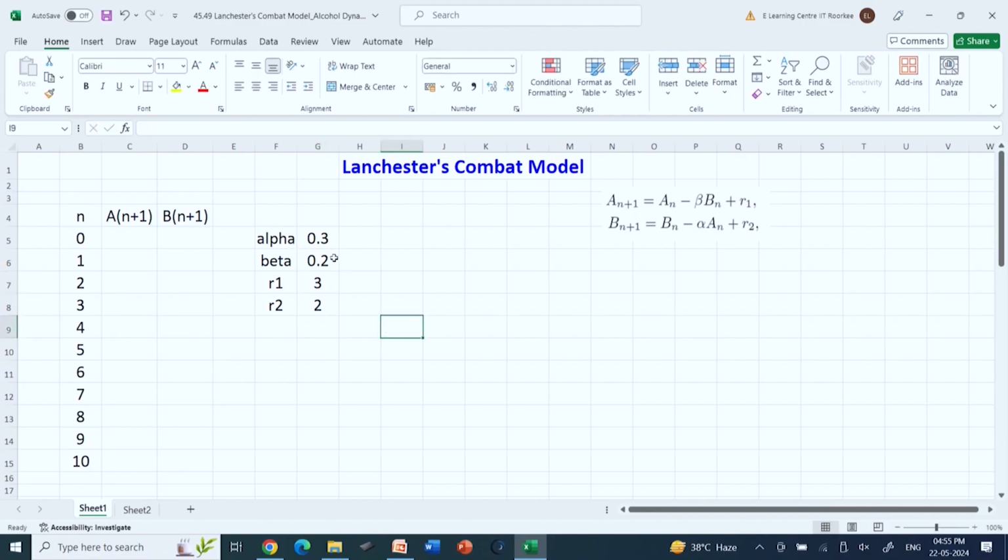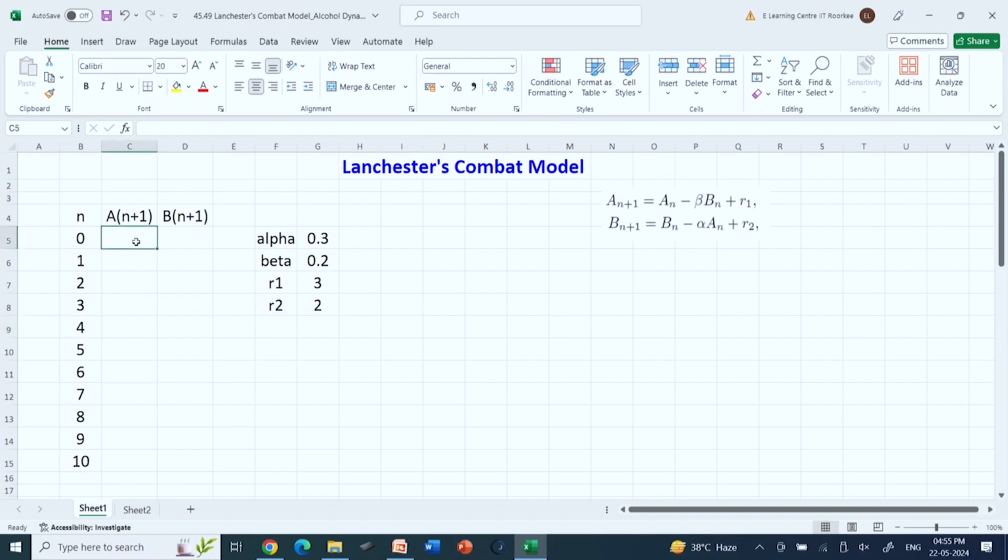So, what does that mean? That the effectiveness of the soldiers of team A is more than the effectiveness of the soldiers of team B, and the reinforcement of A also is more than team B. So, let us now calculate these values.